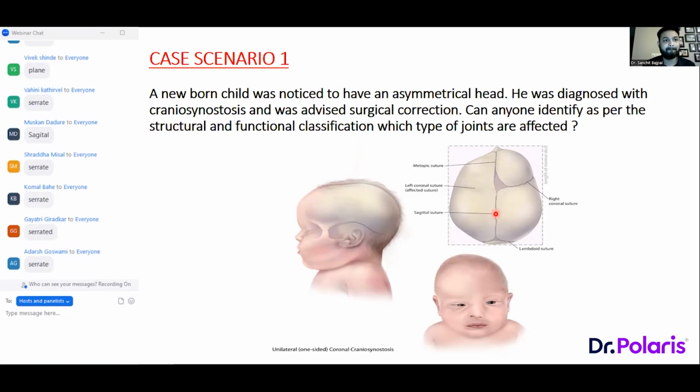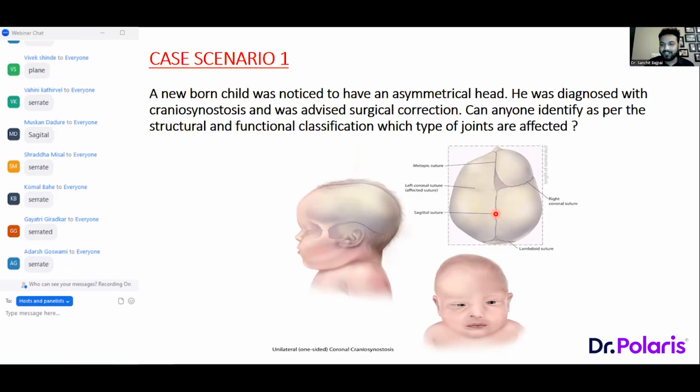Wahid answered serrate. Muskan has answered sagittal. Great. So sagittal suture or serrated suture, the answer is serrated suture, but sagittal suture is an example of serrated suture. So if I ask you which suture this is, you would say it is a serrated suture, and if it is named in the skull, it is called the sagittal suture. That is the answer. Got the idea, right?